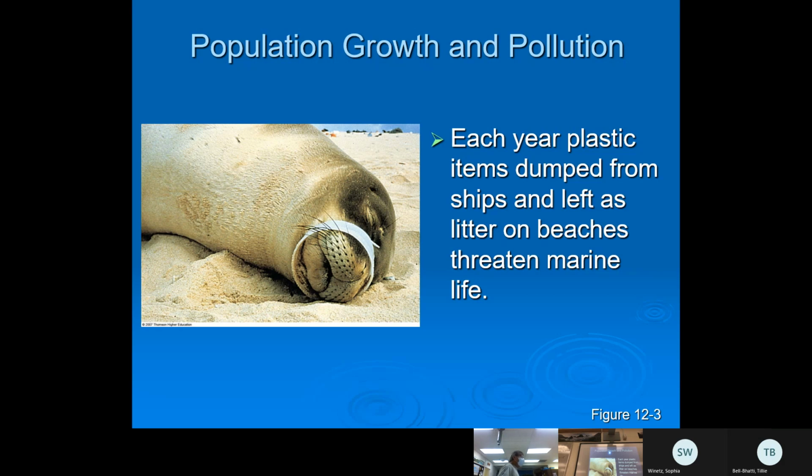And we're discovering new ways that it can be harmful, like when it breaks down into even smaller pieces than this, how it can be absorbed into the food web. And also the plastic tends to hold on to these molecules that mimic hormones. So as animals are eating these tiny bits of plastic, it's like adding estrogen or adding testosterone to their system.